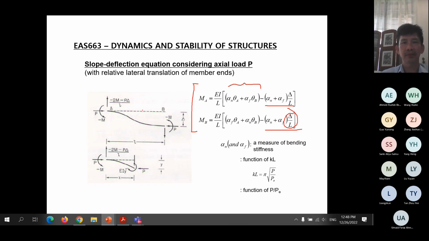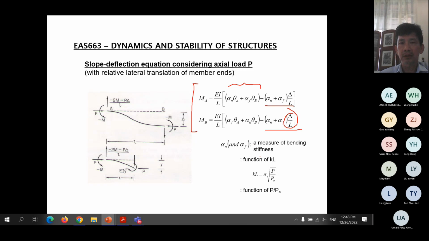But if the problem we consider has both end translations and end rotations, then both these terms will not disappear. We will see how these equations are used later on when we look at the application of this slope deflection equation method to determine critical load.